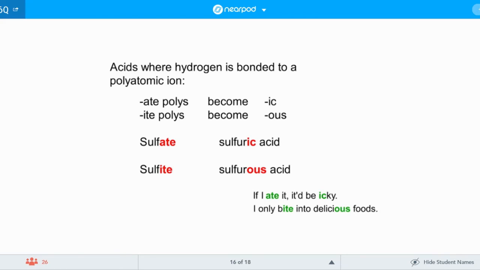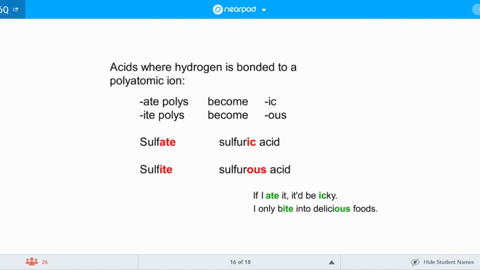And we have the ite endings, where we could have chlorite or hypochlorite. Depending on the polyatomic ion that the hydrogen is bonded to, the name of the acid changes. So if we take a look at sulfate, if the hydrogen was bonded to sulfate, we would change the ending to ic. So sulfate would become sulfuric acid.